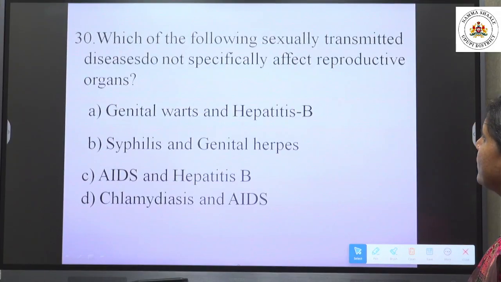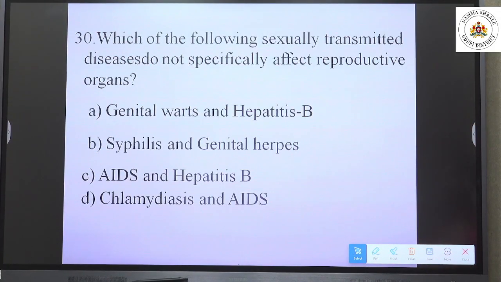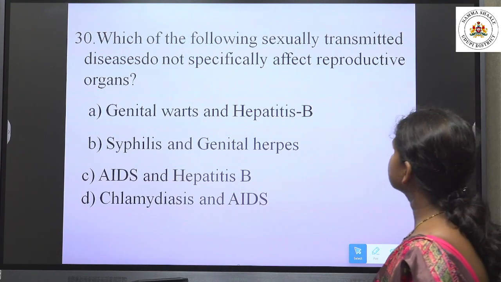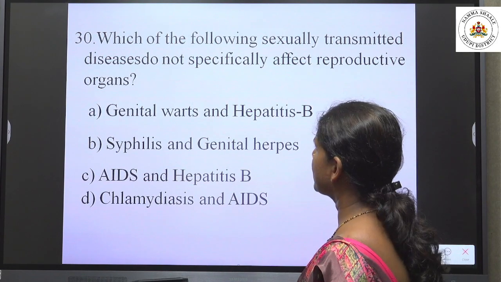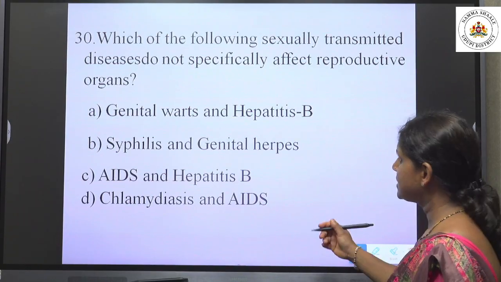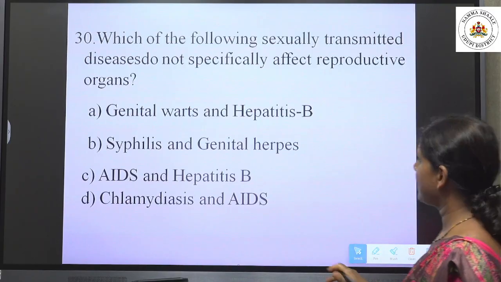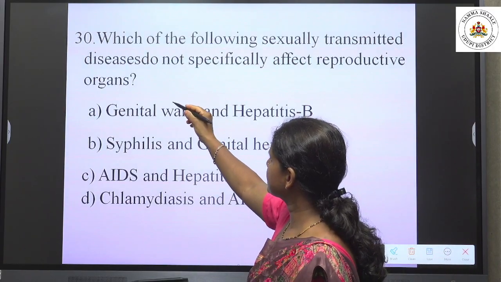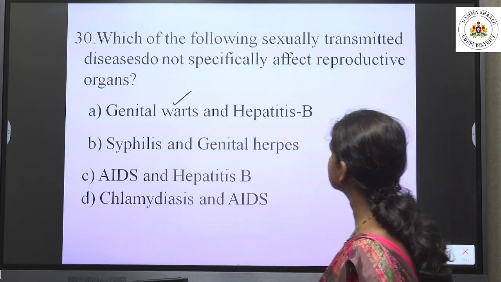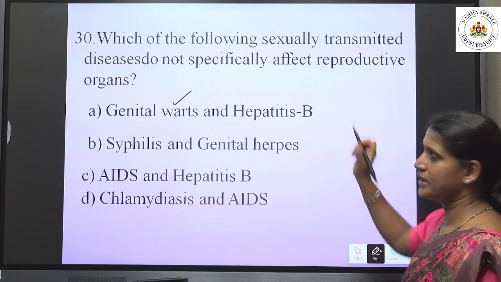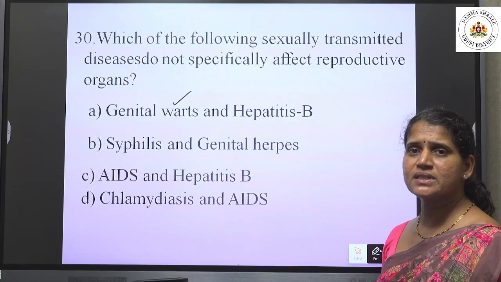Next one. Which of the following sexually transmitted diseases do not specifically affect reproductive organs? Some of them affect the reproductive system, like genital warts. Hepatitis B mainly affects the liver.